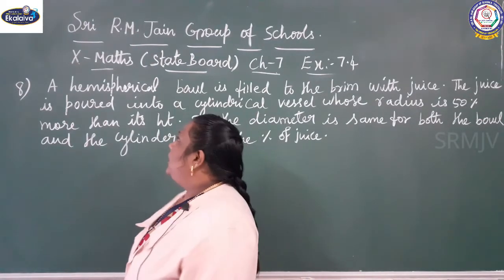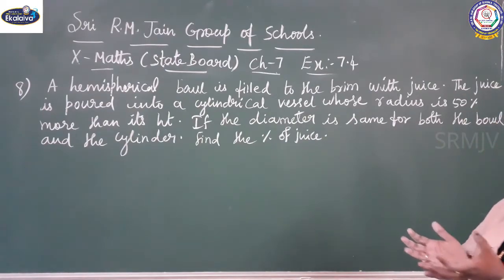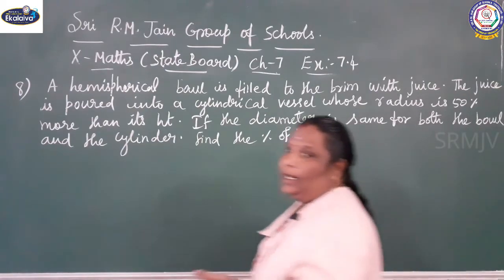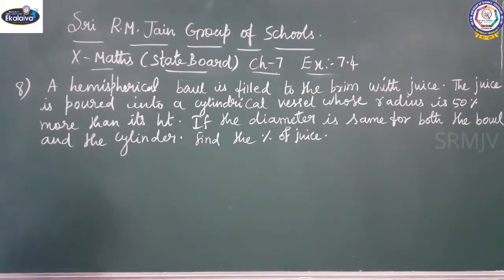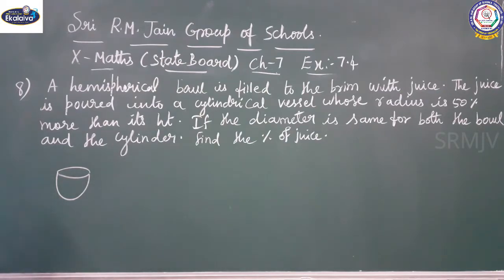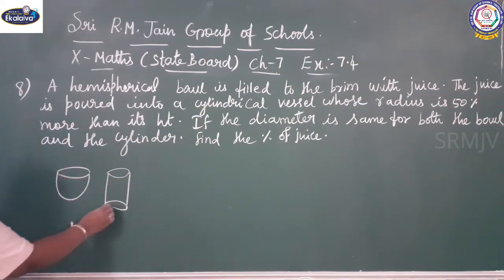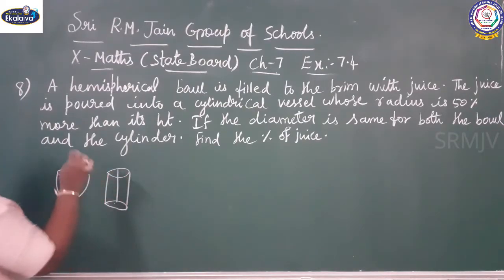See the eighth sum. A hemispherical bowl is filled to the brim with juice. The juice is poured into a cylindrical vessel whose radius is 50% more than its height.